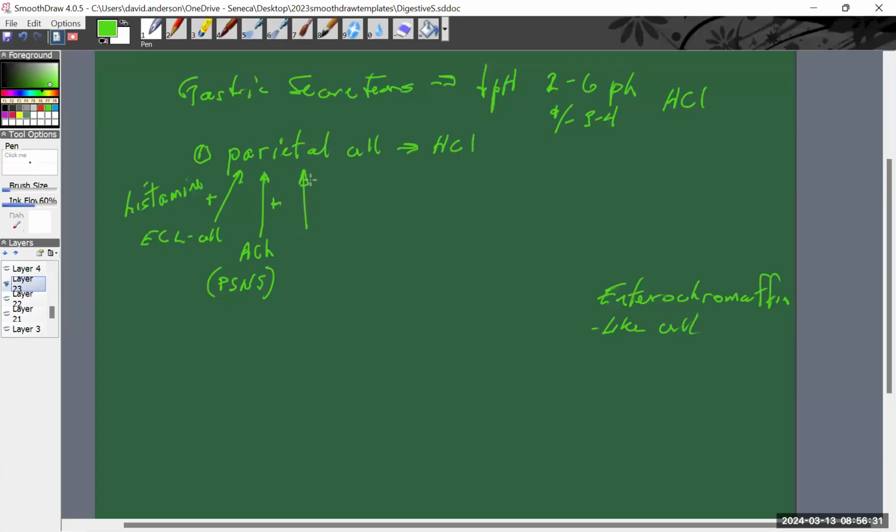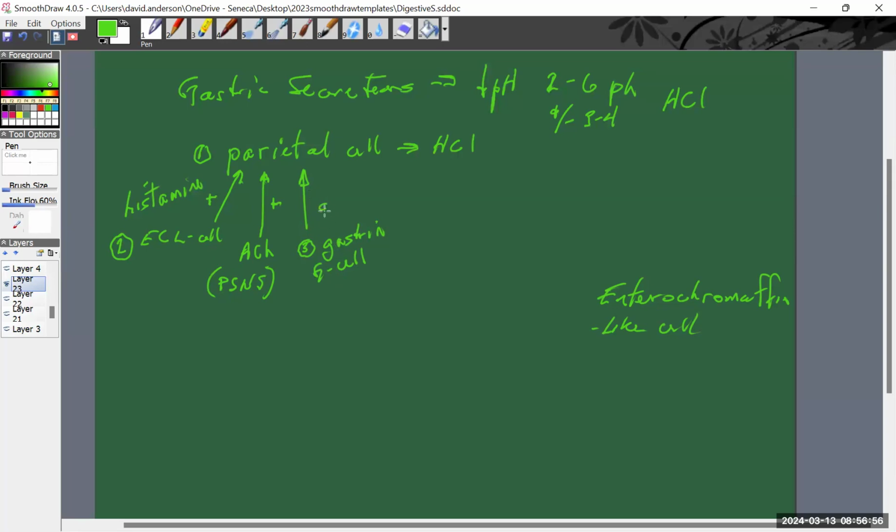Another cell that we find, so this is another cell type that we find in the stomach that's going to promote parietal cell functions in the production of HCl is gastrin from a G cell. Nice name for a cell that produces gastrin, the G cell. So the cell is the G cell. It produces gastrin.